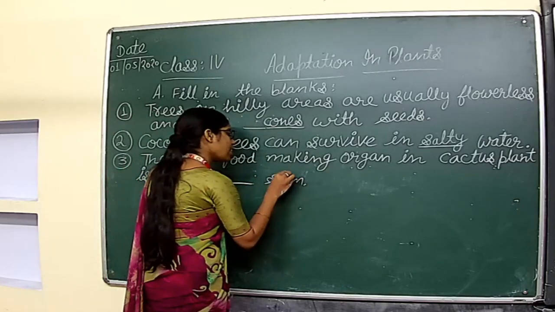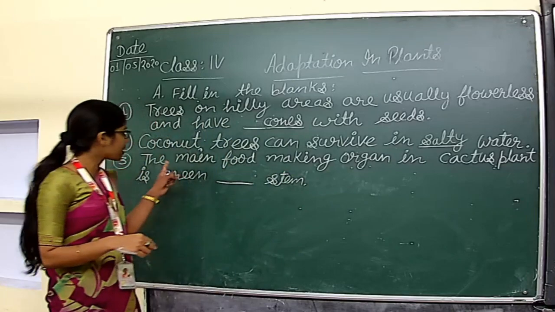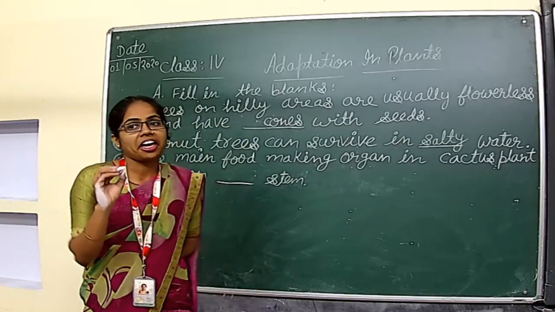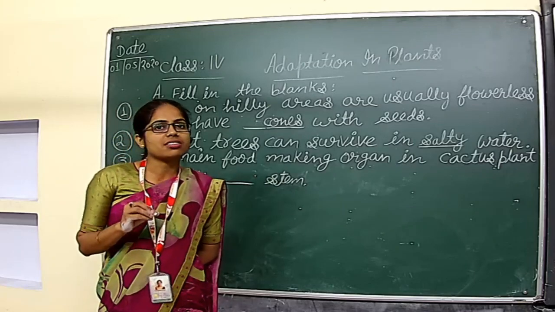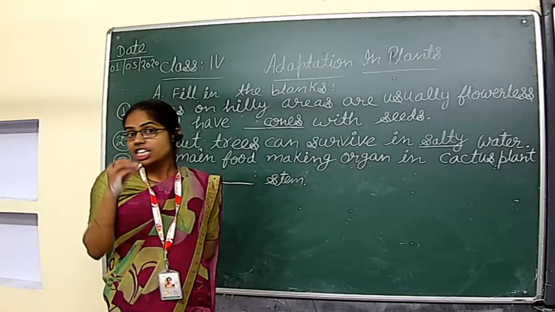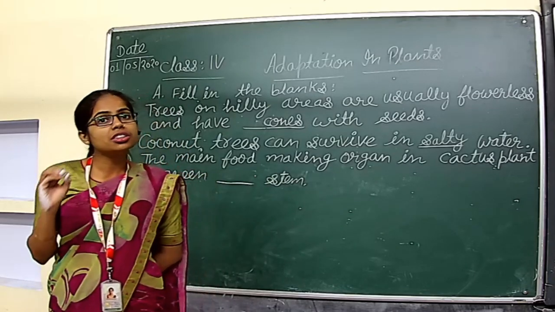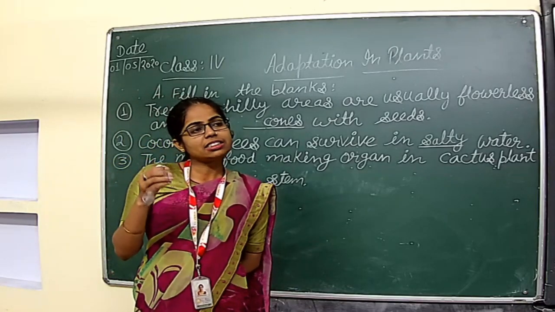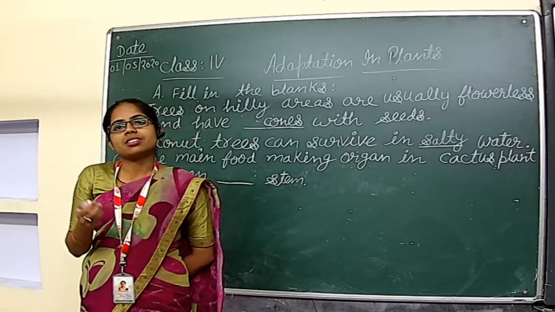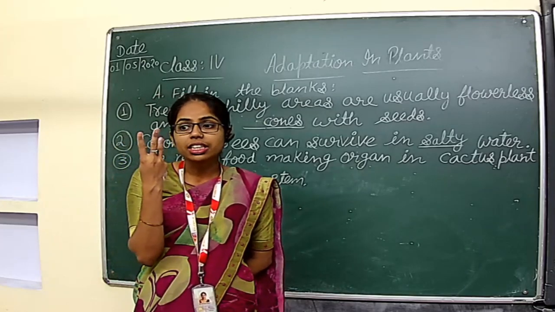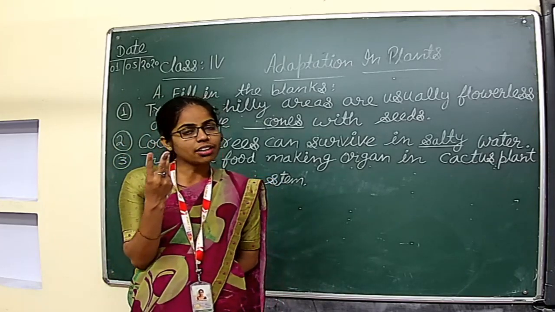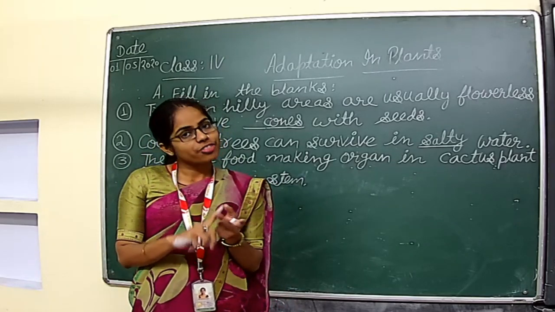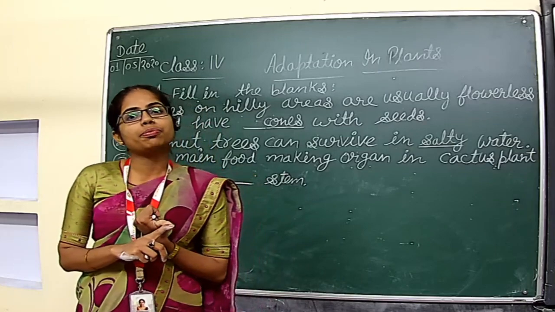Last day itself we studied about this cactus plant. This plant comes under the category of aquatic plants, meaning the plants which survive in water. Under the aquatic plants, we studied three categories: underwater plants, fixed plants, and floating plants.